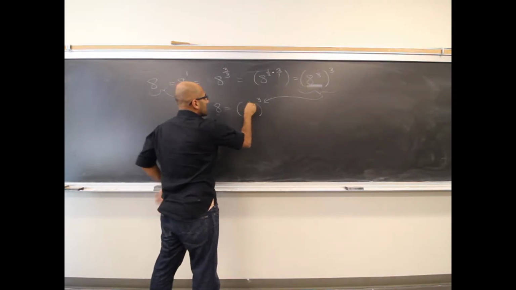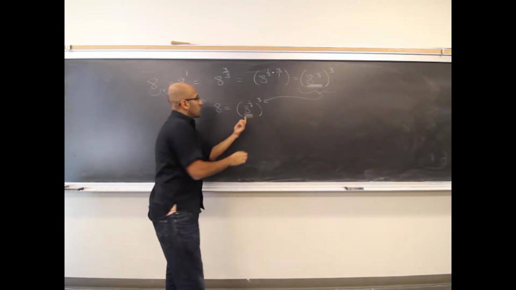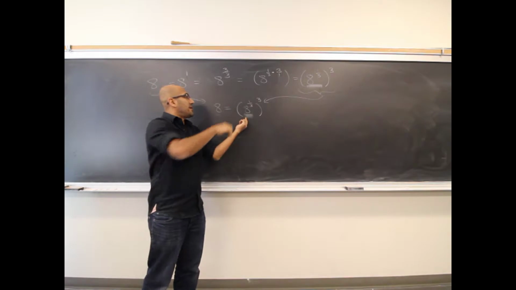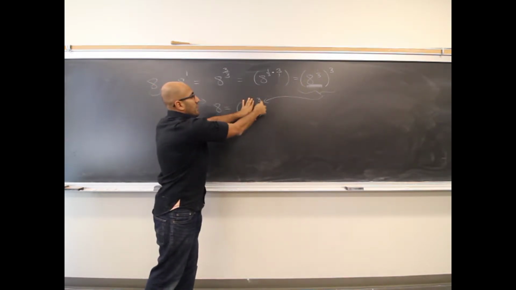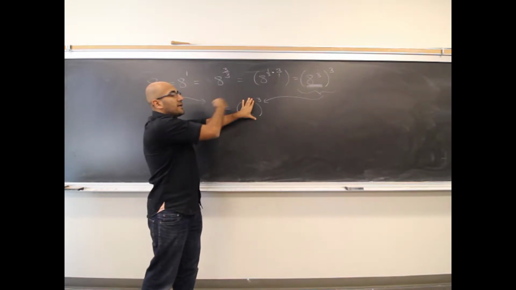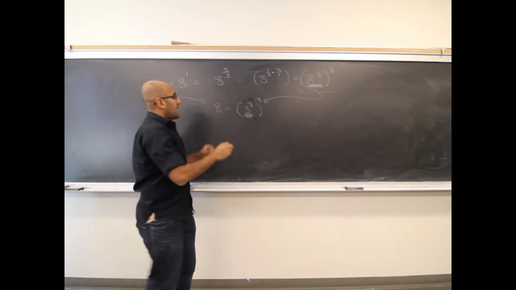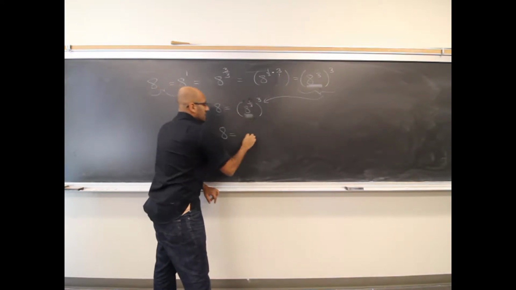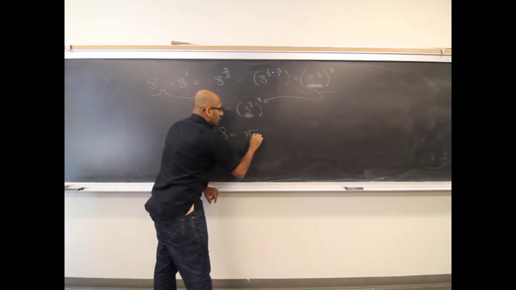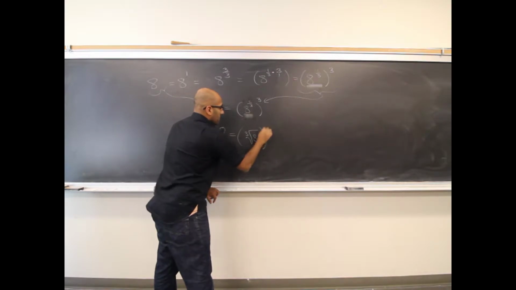So if someone's asking what is that, one way to describe it is this: whatever it is, it's some value so that when you raise it to the power of 3, it equals 8. And again, I'm just trying to get people to see that this is behaving the same way as this.